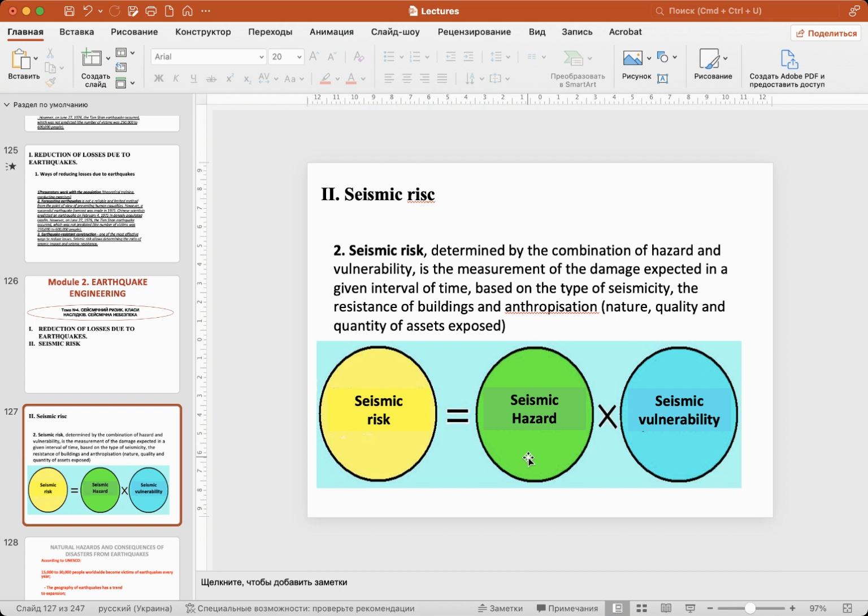So that is why it is impossible to do something about seismic hazard, because nevertheless developers will erect new buildings.